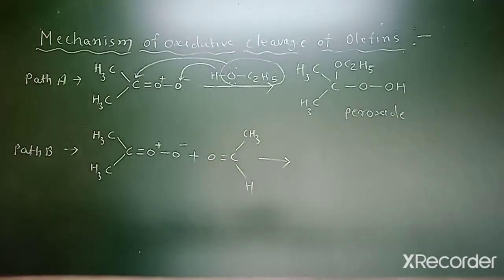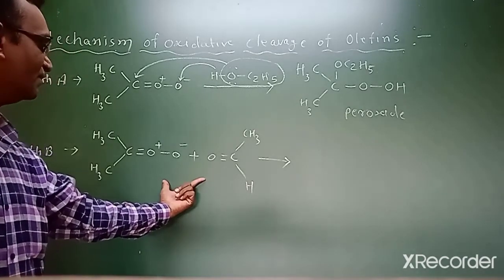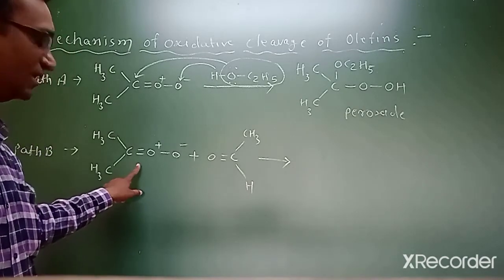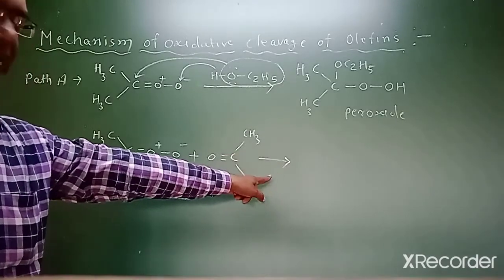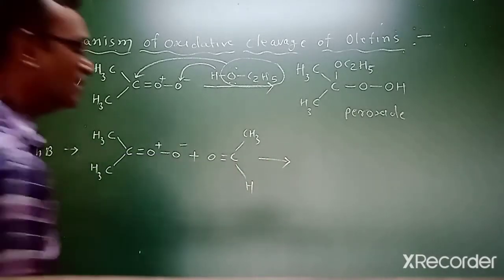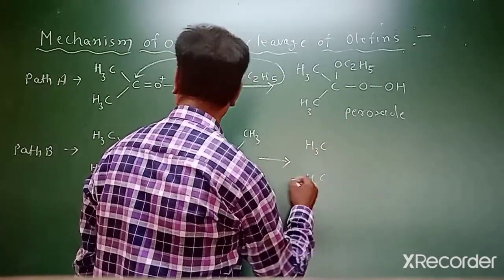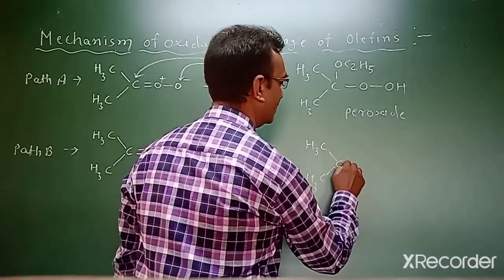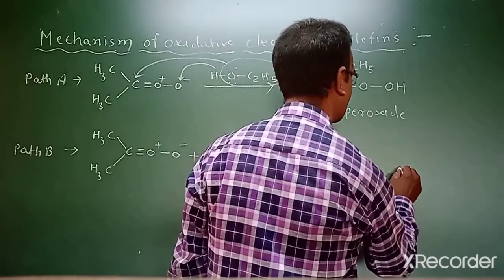That means carbonyl halide with solvent ethanol gives the formation of peroxide. Through path B, both of these formed in the above stated mechanism, carbonyl halide and carbonyl compound, undergo 1,3-cycloaddition to form secondary ozonide. So in the formation of secondary ozonide, this CH3C double bond O breaks down.